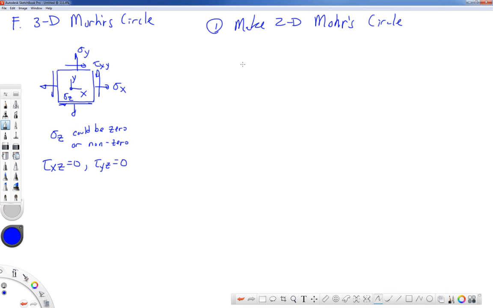All right, so remember how to do that. Just as a quick review, we plot 3 points. We plot what we call our x point, which is sigma x, comma tau xy, our y point, which is sigma y, comma minus tau xy, and the center of our circle, which we locate at sigma average comma 0, where sigma average is equal to the in-plane stress component sigma x plus sigma y over 2.